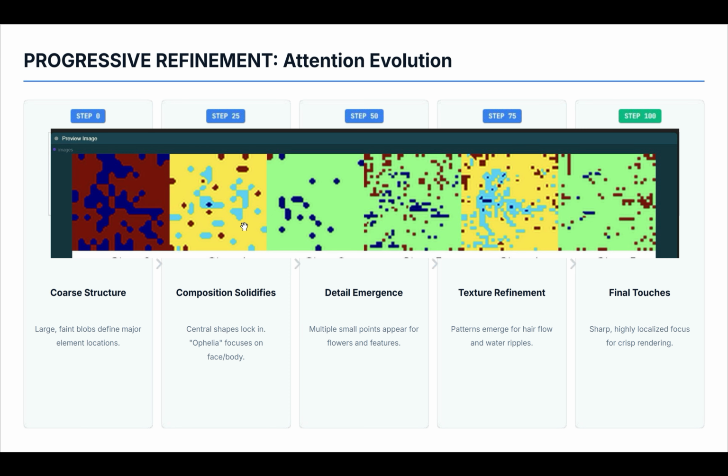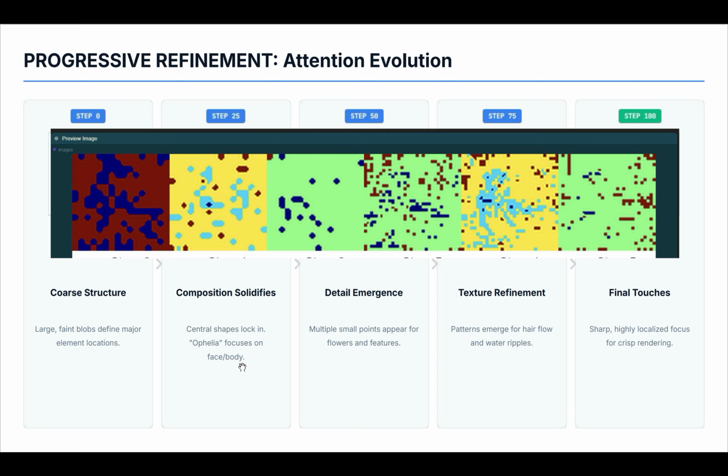So in the self-attention map, we have visualized basically five stages. Like the course structure, the large faint blobs define major element locations. The composition solidifies.